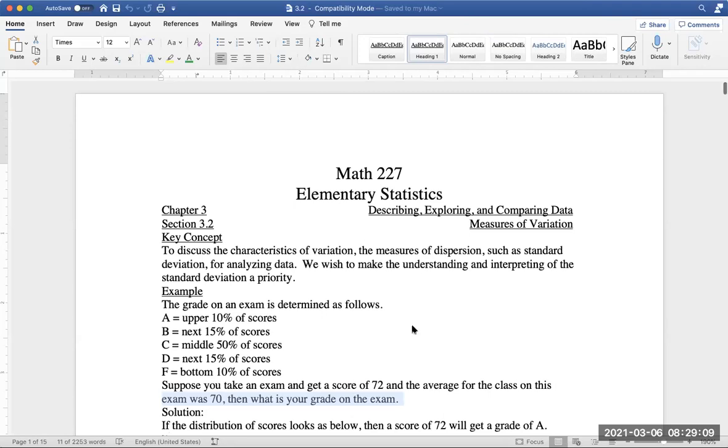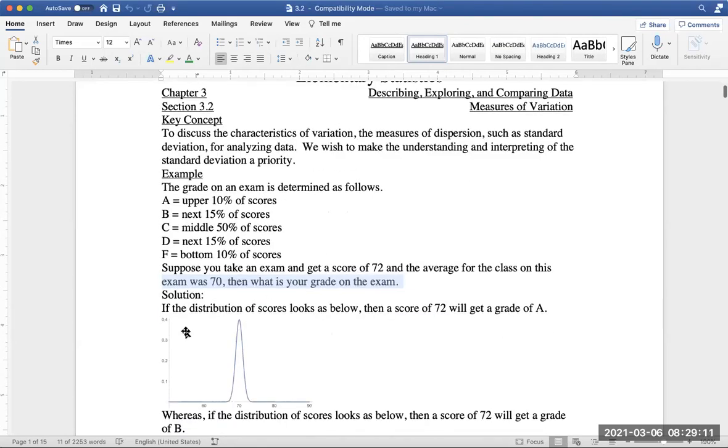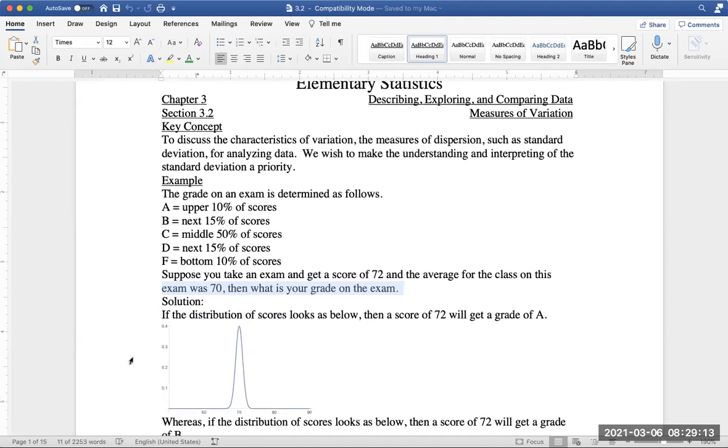Well, the answer is, I don't know. If your distribution, and this was actually done on a computer, so that it actually is what it says it is, if the distribution does look like this, and you got a score of 72, you actually get an A on this exam.